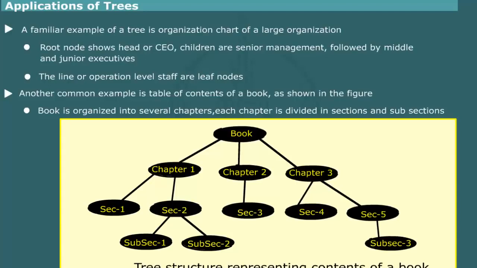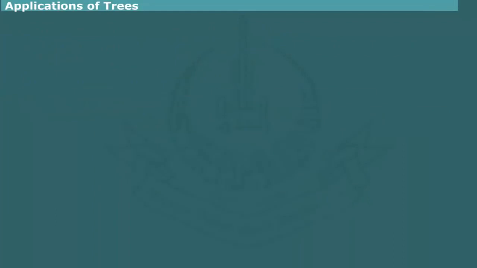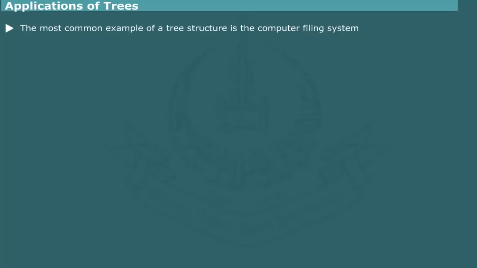Using one of the tree algorithms, we can print the table of contents of the book with chapters, sections, and subsections appropriately indented as shown. Perhaps the most common example of a tree familiar to computer users is the structure of the filing system in operating systems such as Unix, Windows, and Mac.